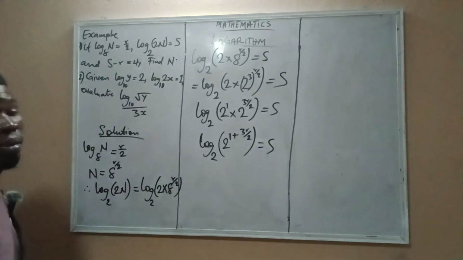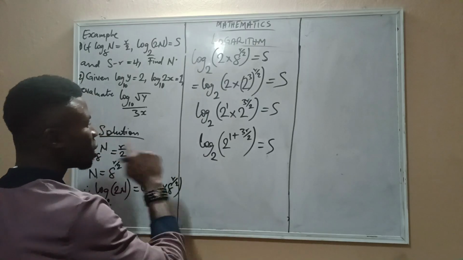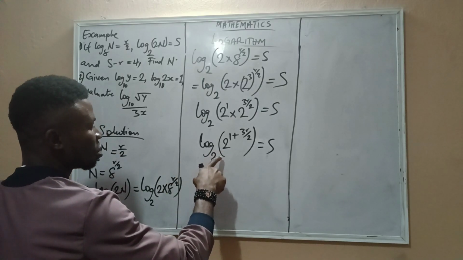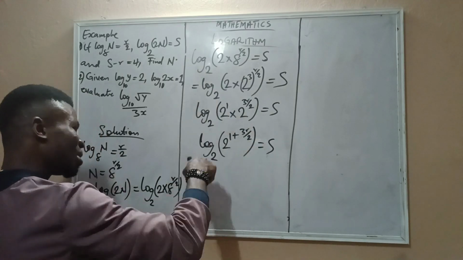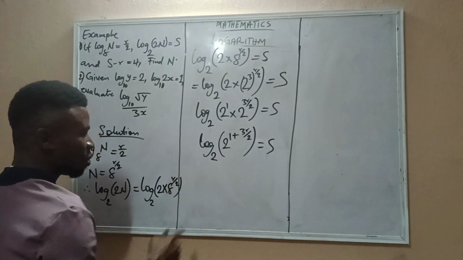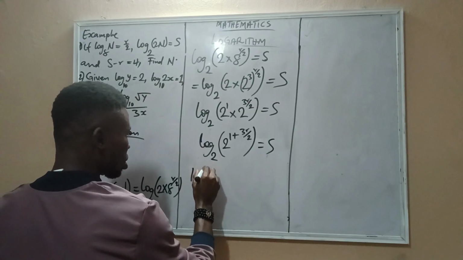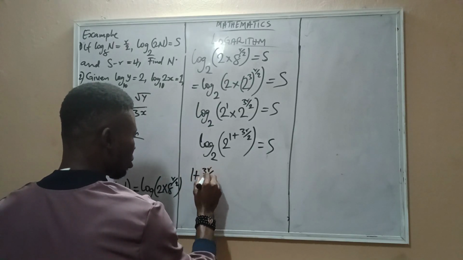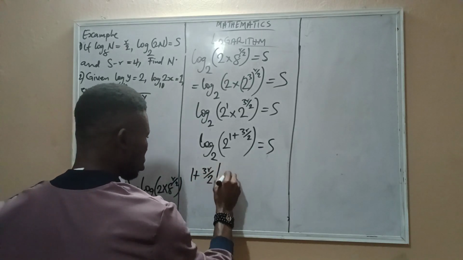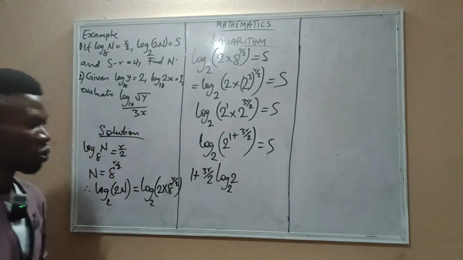And that is equal to s. Then we know log of a number to a power is the same thing as the power multiplied by log of that number. So this is the same thing as 1 plus 3r over 2 times log to the base 2 of 2.